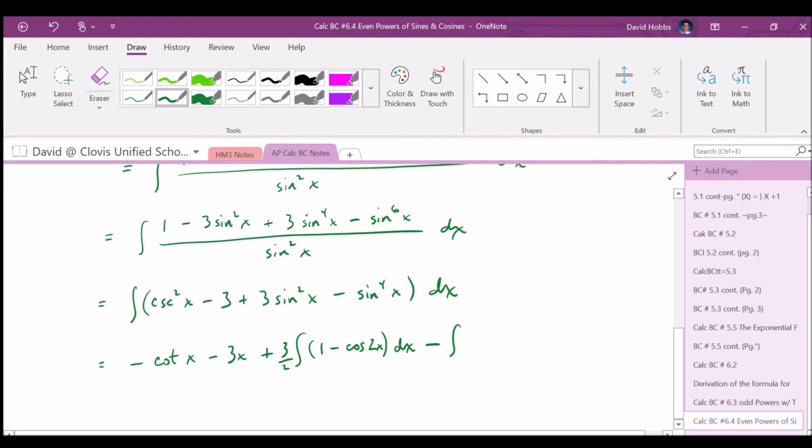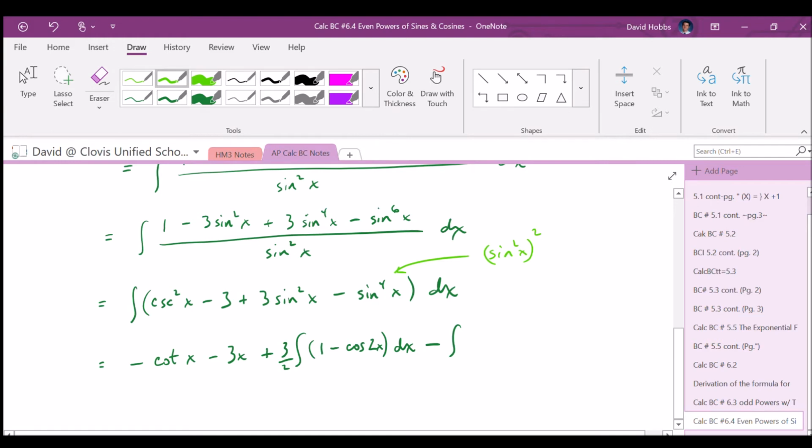Okay, what the heck am I doing with sine to the 4th? Well, sine to the 4th is sine squared x squared. Okay, so let me write that down here somewhere. Sine squared x squared.